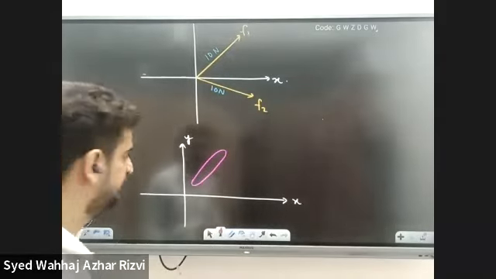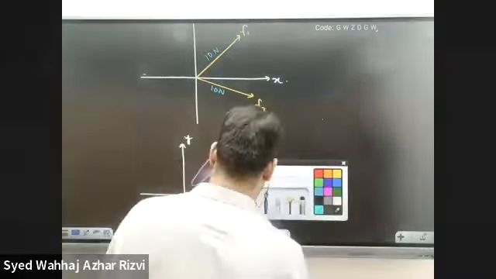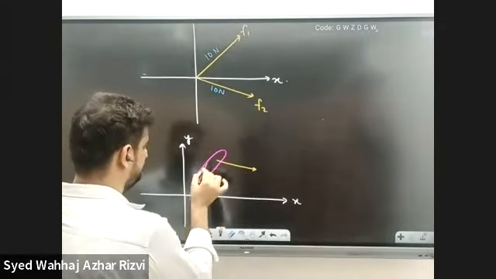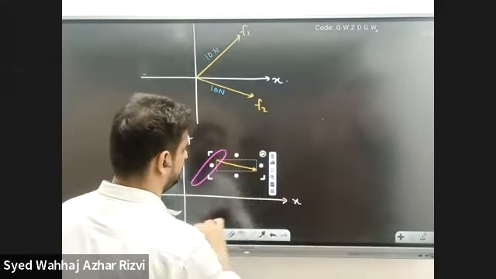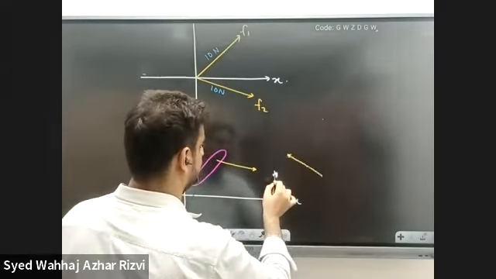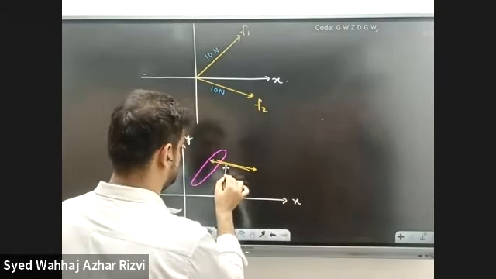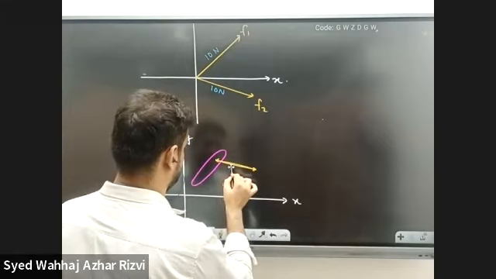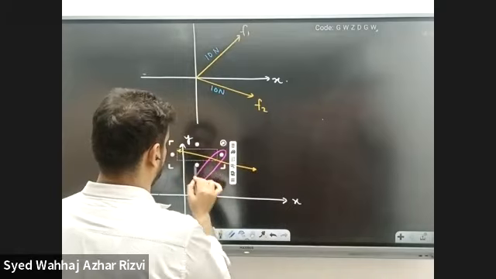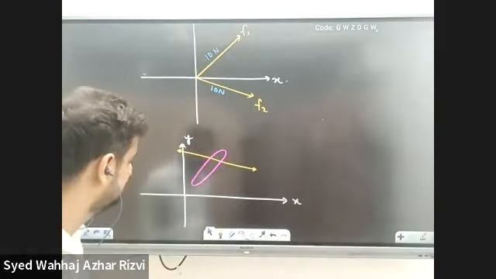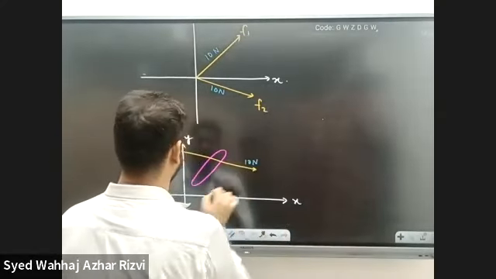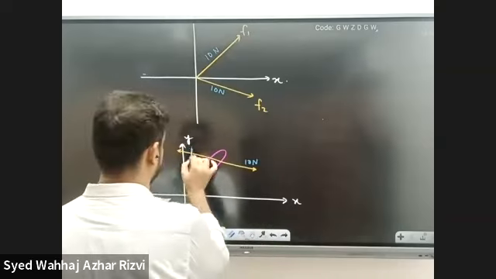This is an extended body. Let's apply a force like this, and let's apply the same force, but like this. Okay, so we have these two forces. Let's say this is a force of 10 Newton here, and this is a force of 10 Newton here.